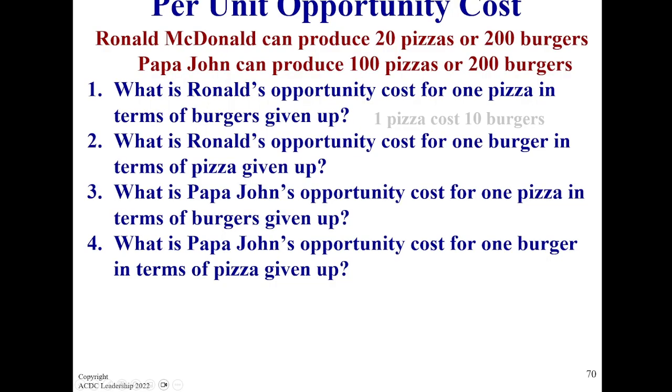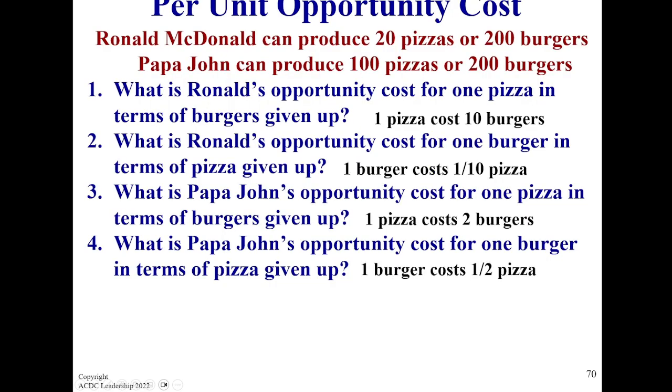So in this case, the idea is, if you look at it, Ronald McDonald, using their current resources, it costs them 10 burgers to produce pizzas, right? But for Farmer John, Papa John's, it only costs 2 burgers to make 1 pizza. So in this case, we would want Papa John to be making the pizzas and Ronald McDonald to be making the burgers.